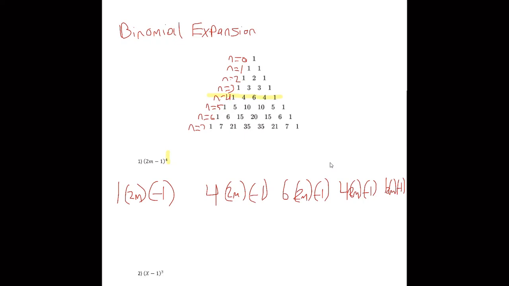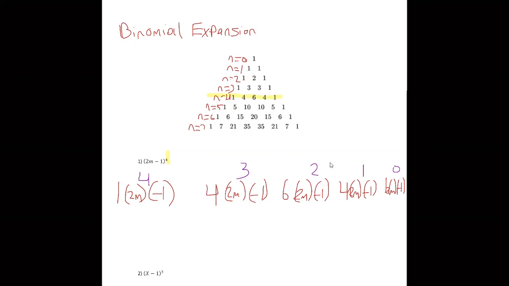Okay, and then our powers. Your first part of your parentheses always starts as the same as your binomial's power. So it starts as a 4, and then it goes down by 1 each time. So it goes to 3, 2, 1, down to 0.